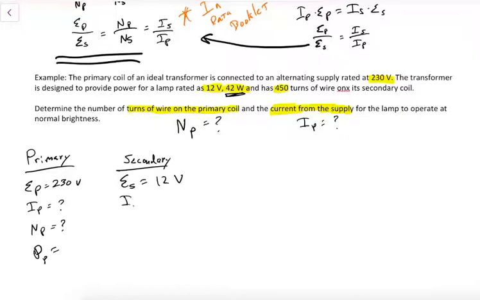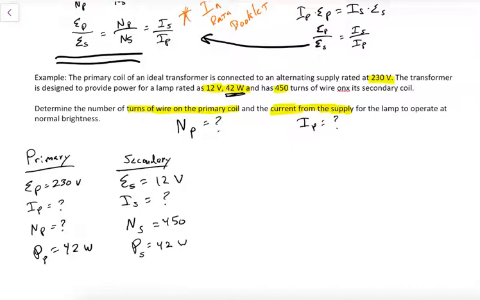We have a secondary current. Oh, we don't know what that is. We have the number of coils is equal to 450 coils. And we have a power rated at 42 watts. And since we have 100% efficiency, that 42 watts is the same for the primary coil as well, due to energy conservation.